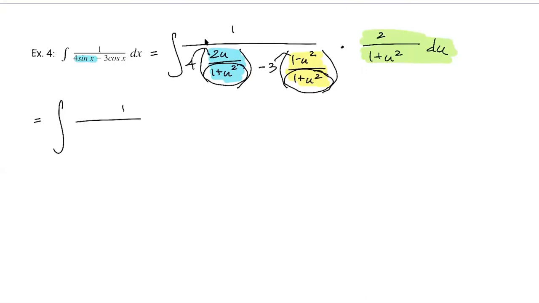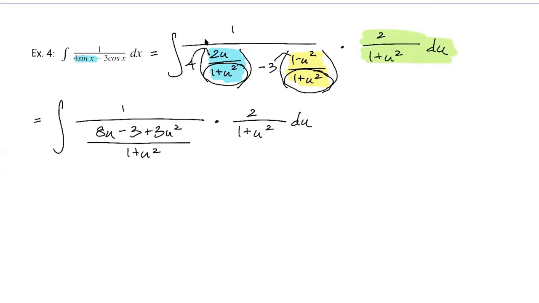So I have 1 over 8u minus 3 plus 3u squared over 1 plus u squared times 2 over 1 plus u squared du. Okay, so again, to get that new fraction, because they have the same denominator, I was able to combine them into one fraction, and this minus sign became a plus sign because I had to distribute a -3. So the -3 times the negative u squared gave me the positive 3u squared. Okay.